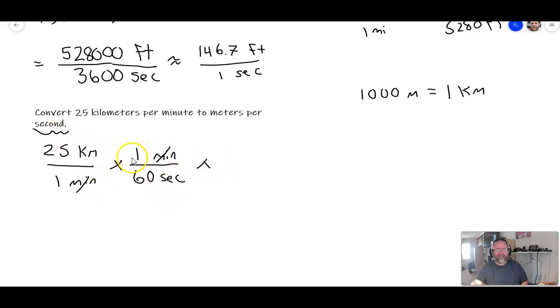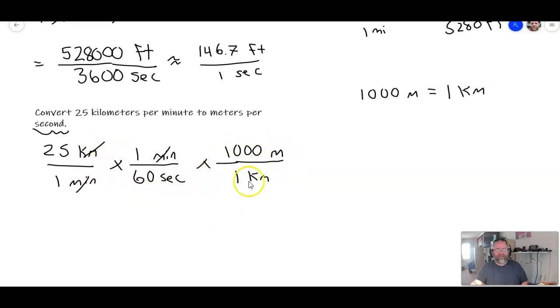Now I want to convert this kilometers to meters, and I know that there's 1,000 meters in 1 kilometer. So when we multiply here, we want the kilometers on the bottom, so it cancels out with this kilometers on top. So 1 kilometer is equal to 1,000 meters. And that's it.